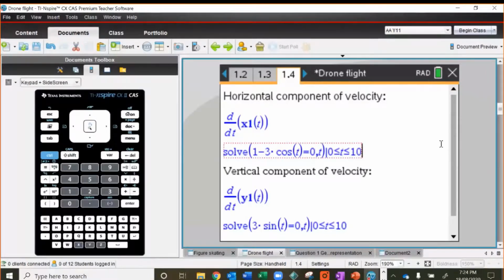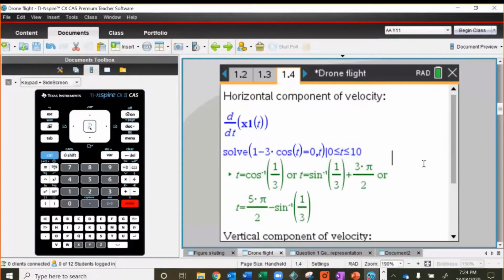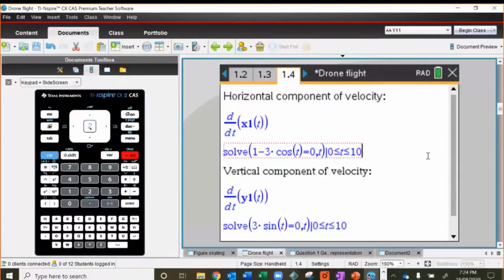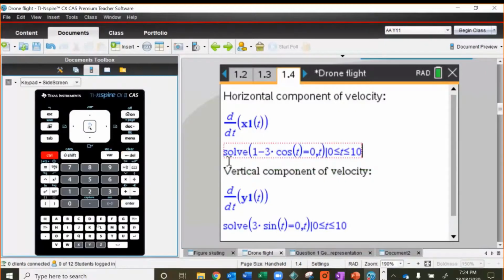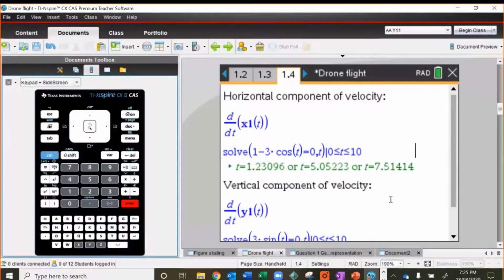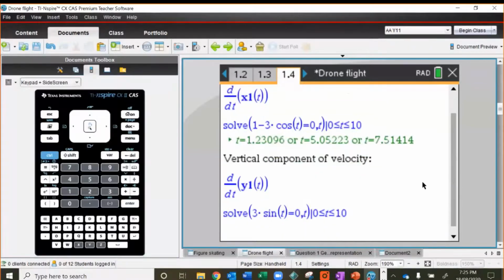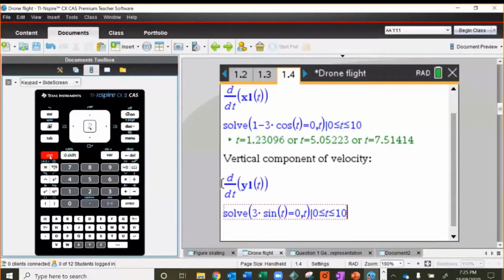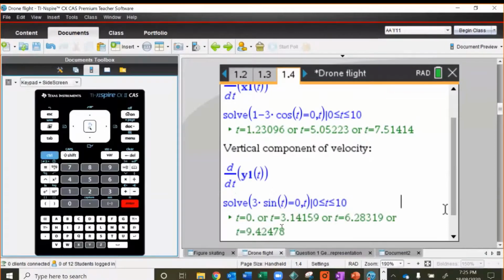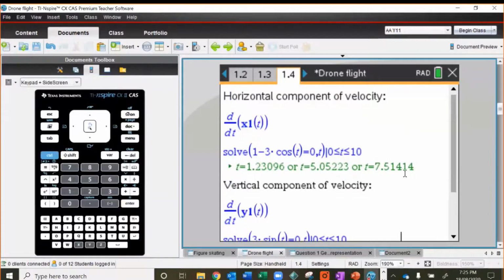We might just try Control Enter, because we have to give the answers to 2 decimal places. Similarly, because we already know y1 as I have drawn it, I can solve for the vertical component equal to 0, and I will do Control Enter again here, and these are the times at which it happens.